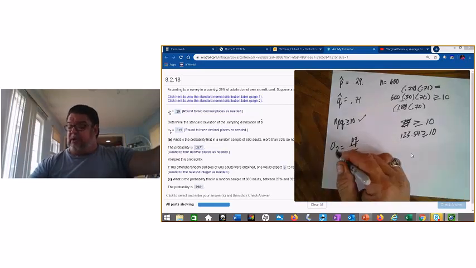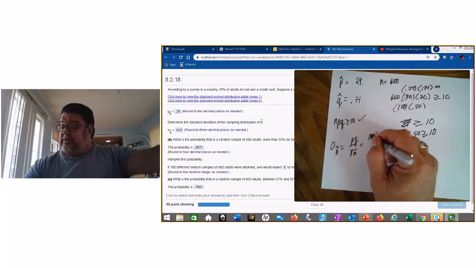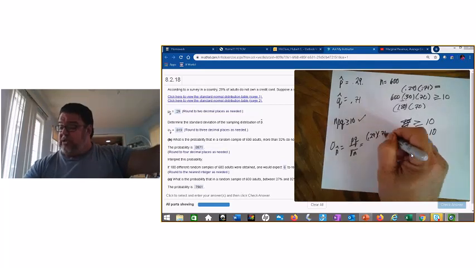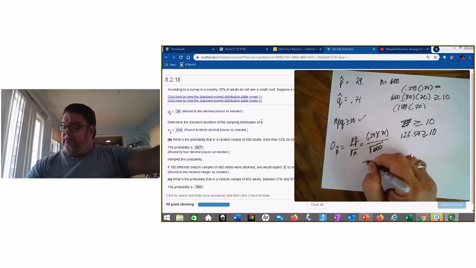Your new sigma is equal to the square root of 0.29 times 0.71 over 600. Go ahead and figure that for me.